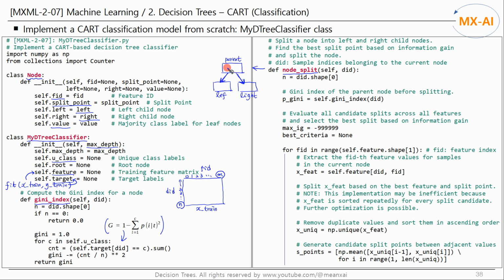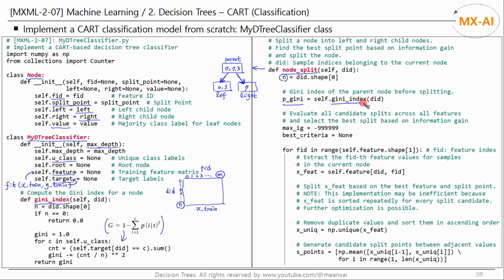The parent node contains the indices of the data samples. For example, it contains data point IDs such as 0, 7, and 3. Among them, 0 and 3 go to the left child node, and 7 goes to the right child node. The number of samples in the parent node is n.